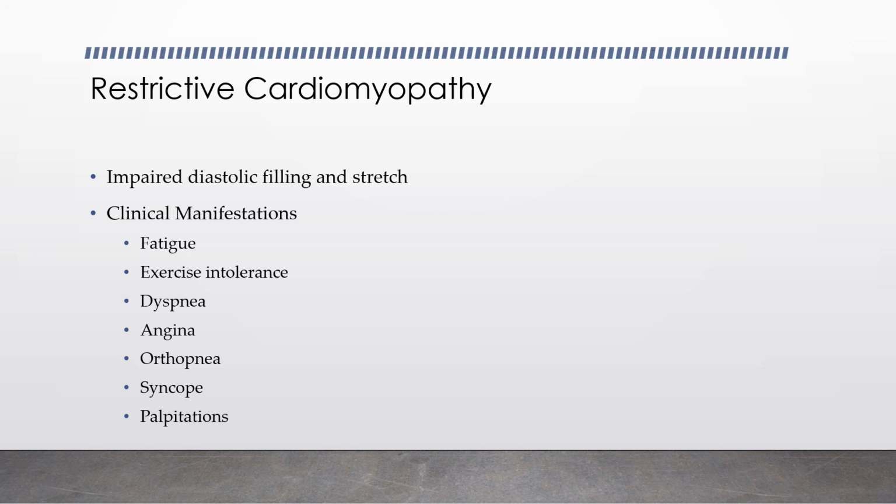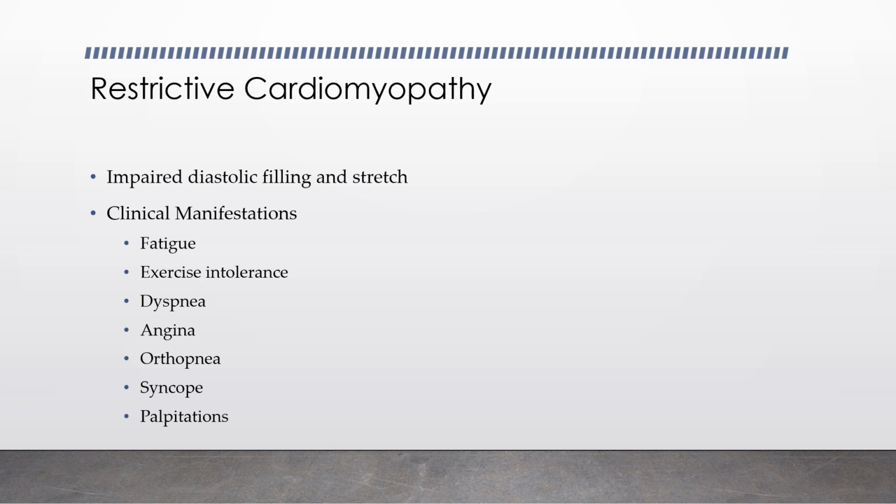To make up for this impaired diastolic filling, to maintain our cardiac output, if we have impaired diastolic filling or impaired volume, right, our heart rate increases. So oftentimes patients will have a higher heart rate, which further impairs our diastolic filling time, which kind of exacerbates this, and it's this whole cycle that never ends.